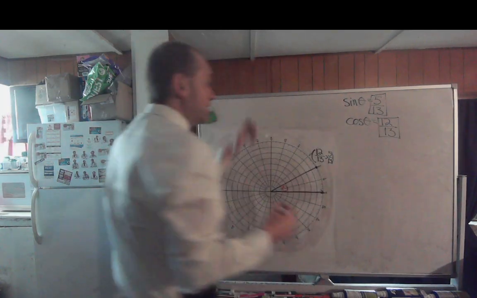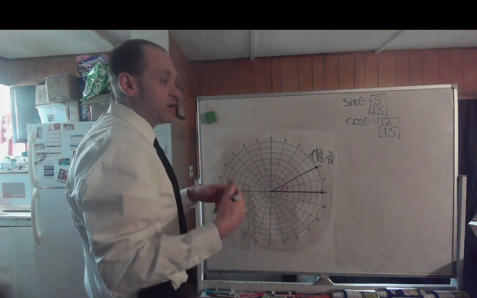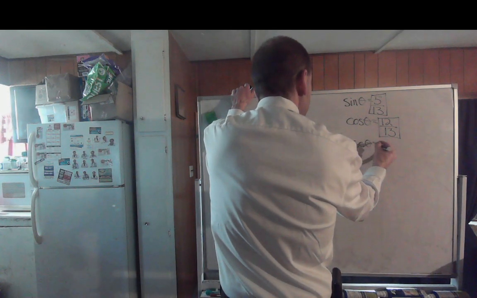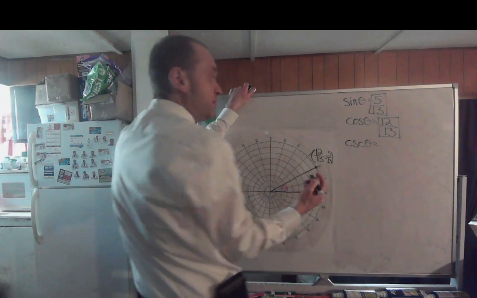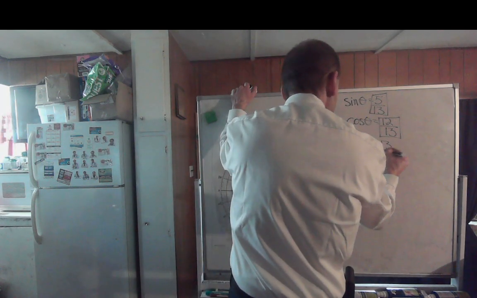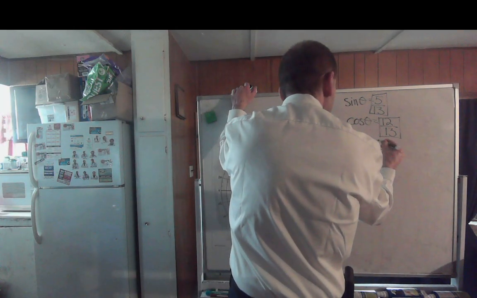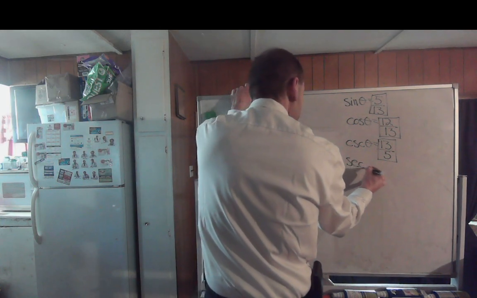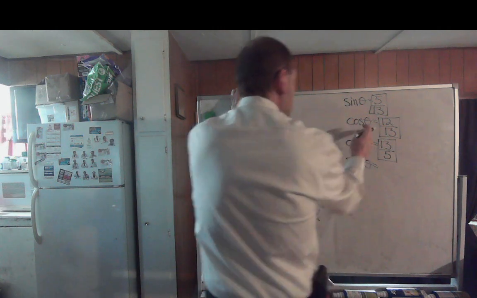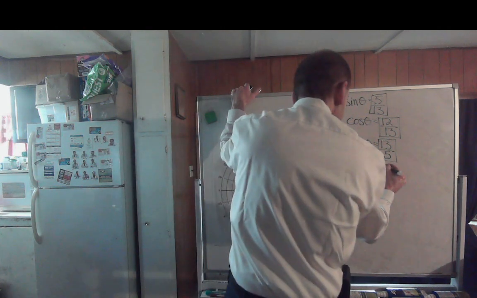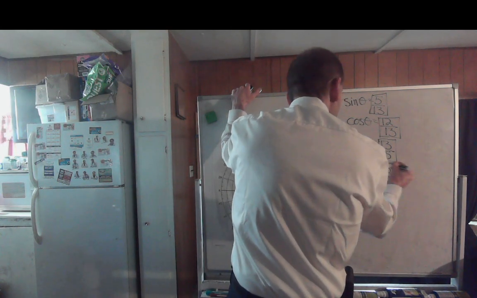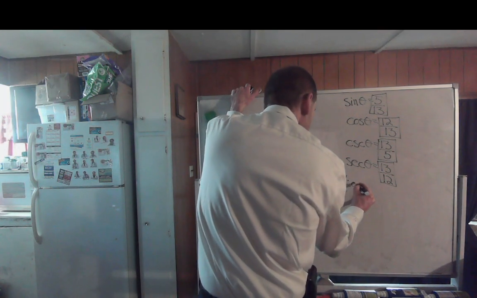So from here, we can easily find the secant and cosecant. So the cosecant of theta, that's the reciprocal of your sine. Reciprocal of 5/13 is 13/5. Alright, and then we have the secant of theta, which is the reciprocal of the cosine. Reciprocal of 12/13 is 13/12. And then tangent of theta, that's sine divided by cosine.